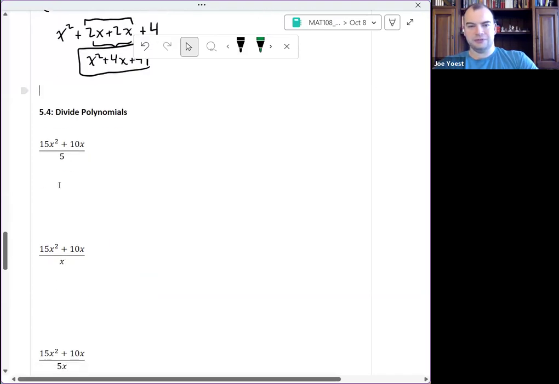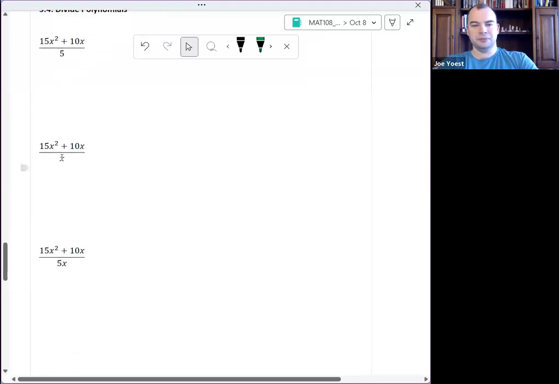Okay, then moving on to dividing polynomials. So we have a couple of different strategies here. One of them is if we're dividing a polynomial by a monomial, by a polynomial with only one term. So something like 5 would be, well, that's just a number, but we can also think of it as a monomial.